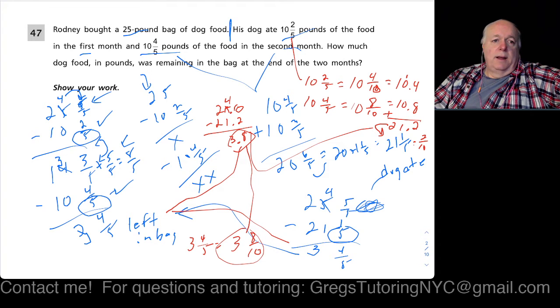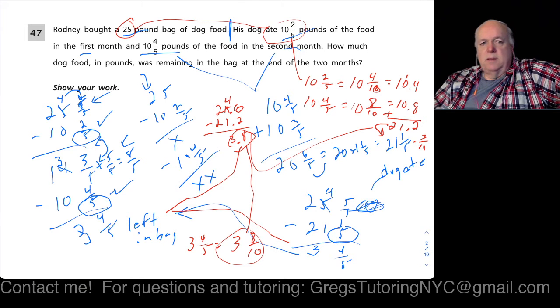And by the way, this is not 25 plus 10 plus that 10. Okay. And just to do that on the side, just as an extra exercise, 25 plus 10 and 2/5 plus 10 and 4/5. Okay.